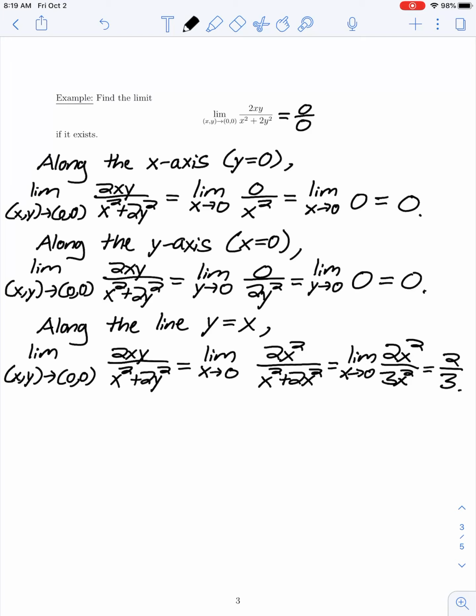So we can see, of course, here that this limiting value is different from 0, what we found along the paths given by the x or y axes. So we could say here, since 2/3 and 0 are not equivalent, the limit does not exist.